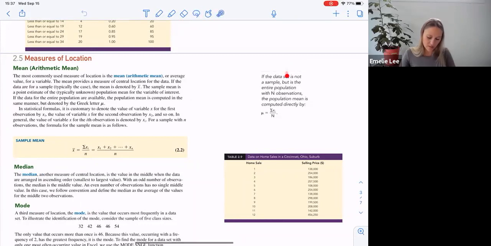You'll see in these notes that I posted, there's these little sub notes. They're not going to come up, but it felt weird to exclude them because it's talking about, okay, so here's the sample data. That's what we have, and that's what we're going to do calculations on. But let's say that you have a population.